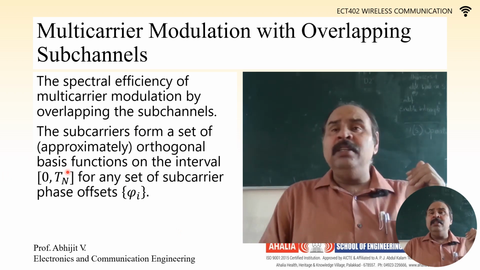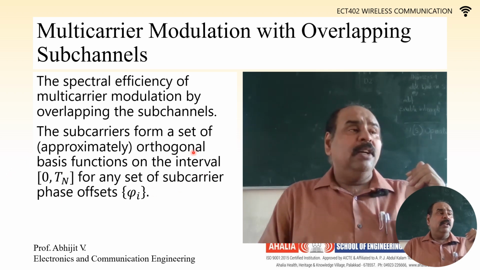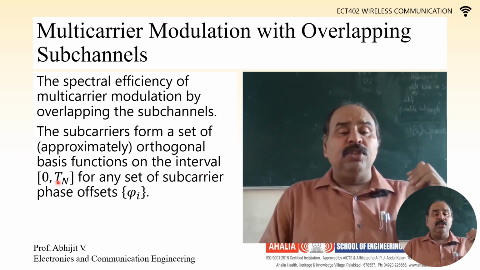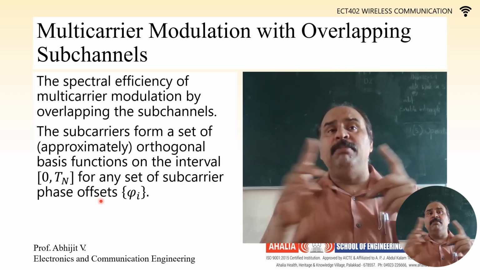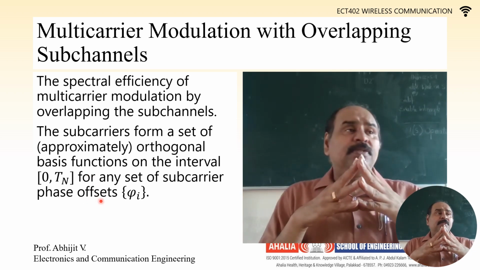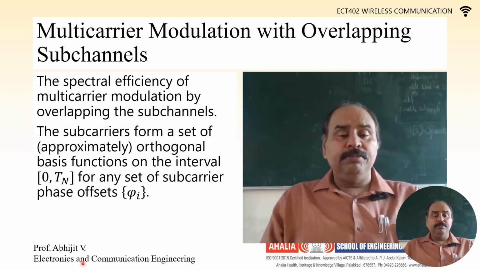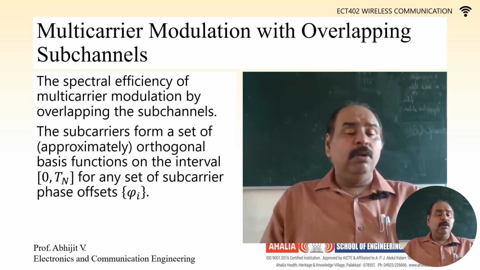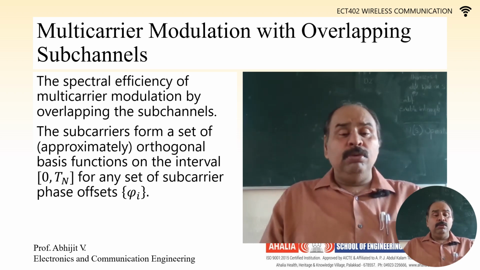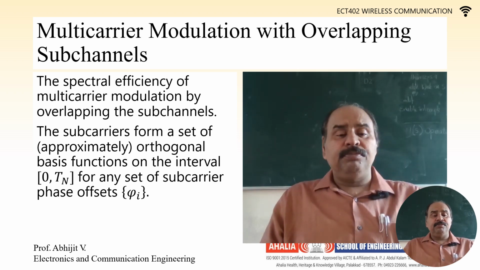And we have a total interval from 0 to Tn, where we have n number of subchannels. Zero to Tn is the interval, and we have a set of orthogonal basis functions for each of these carriers.